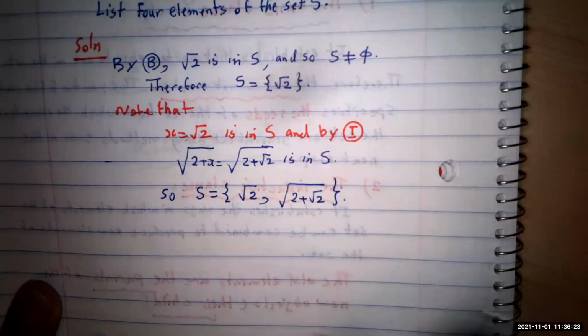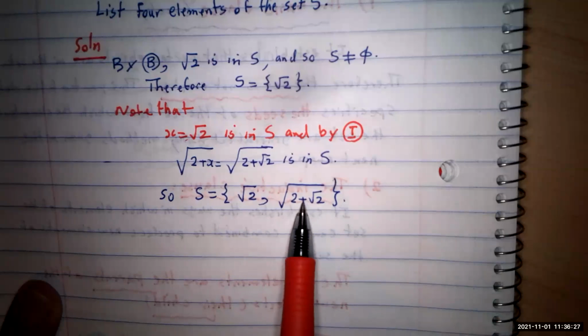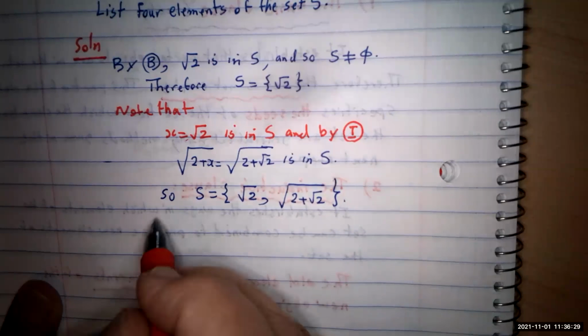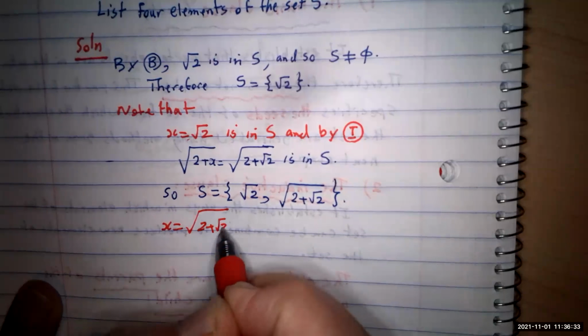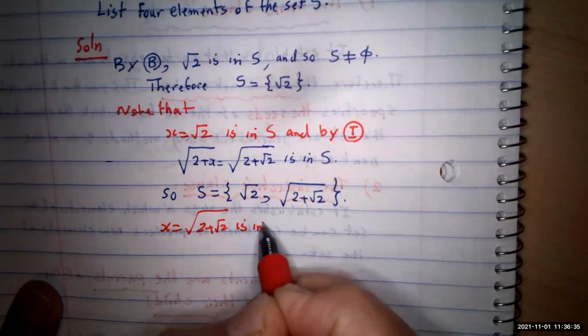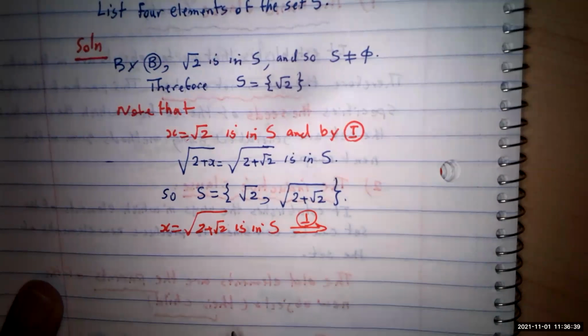Okay, take this one as a new parent. We repeat it: say x equal to 2 plus radical 2 is in S. So by I, you get the next one.